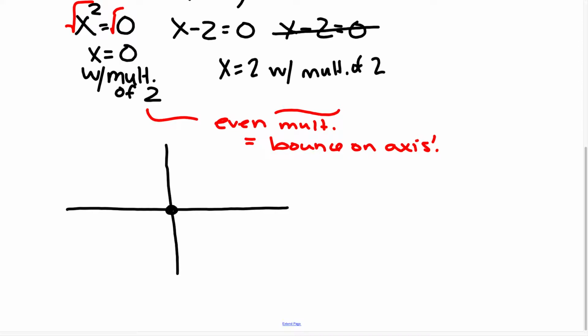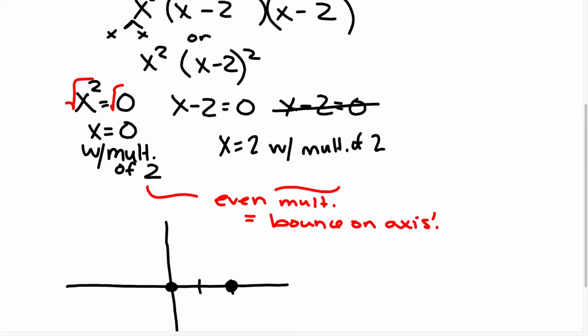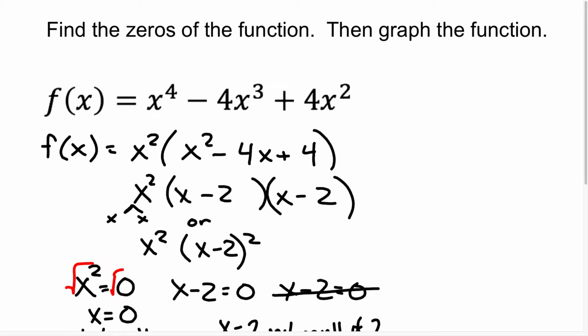See, I got an x-intercept at 0, and I got an x-intercept at 2. I'm going to go back up to my original polynomial real fast, way back up at the top. What's my y-intercept? 0. Oh, also 0, right? It's the constant. So I've already plotted that point on this one, haven't I? Because I put my x-intercept at 0. So that one's done. I've got that.